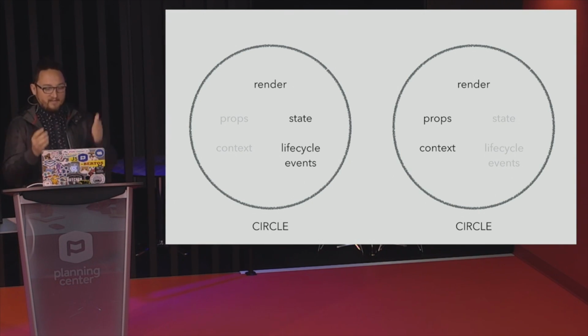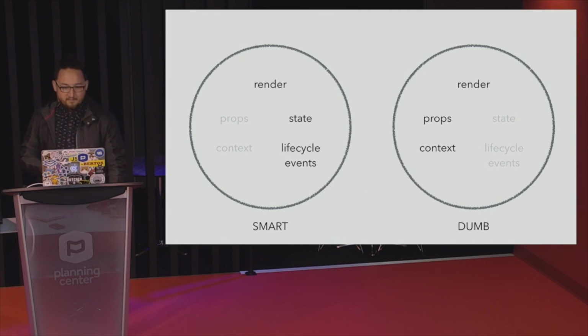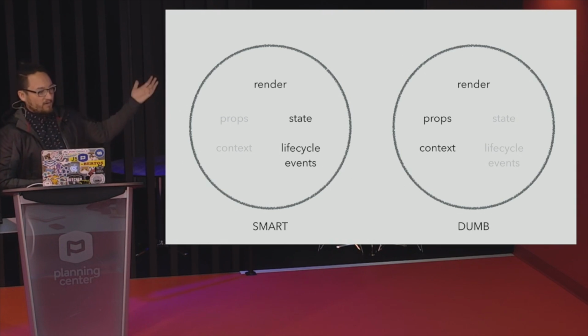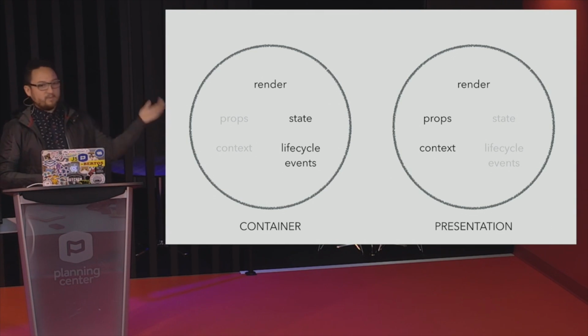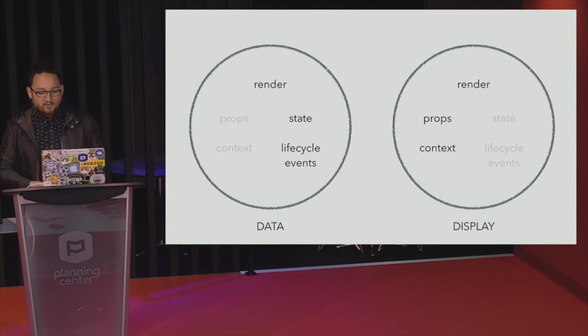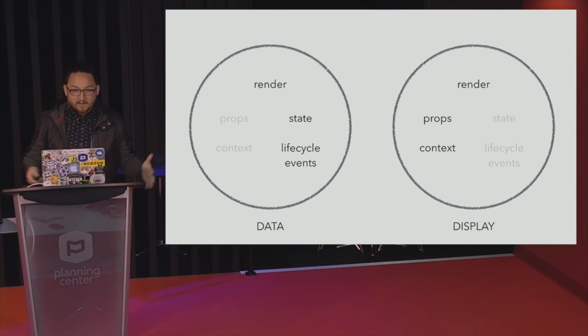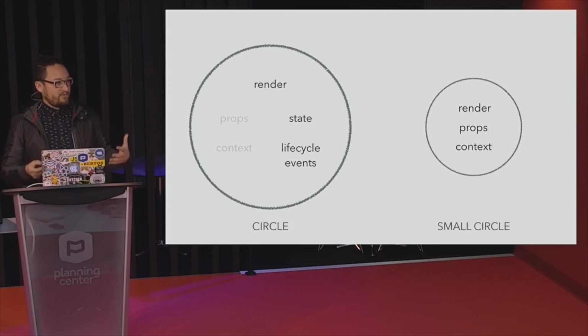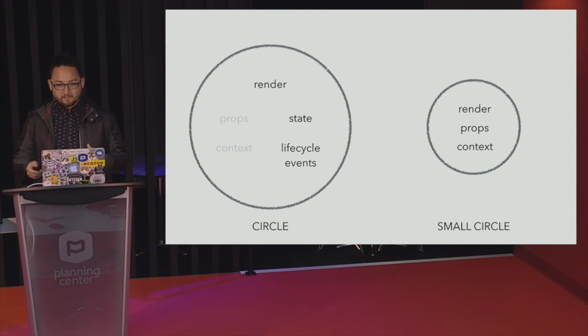You would divide the APIs in half, and one type of component uses half of it, and the other type uses the other half. If you've read any of the blog posts about React, these are called smart or dumb components, or container and presentation components, or controller and view components, or data and display components. They go by a lot of different names, and so I'm sticking with circle and small circle.